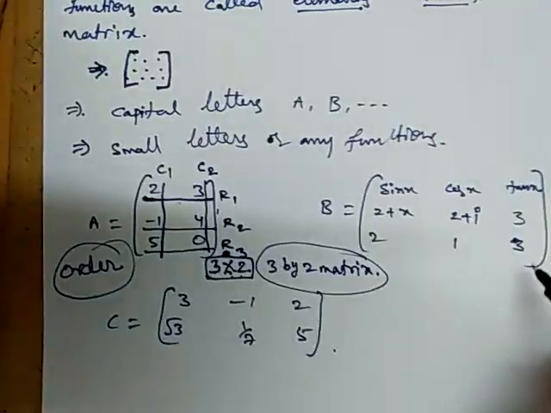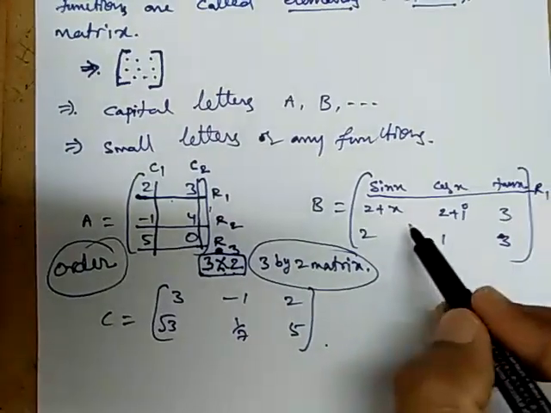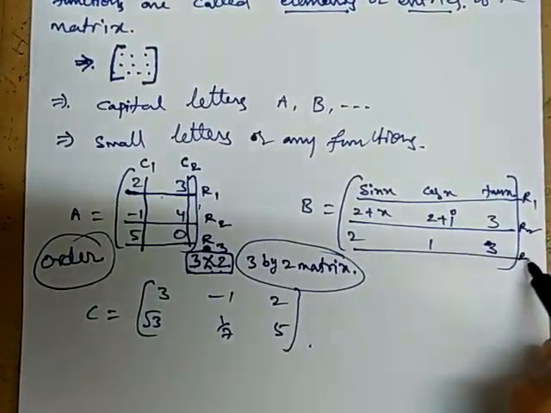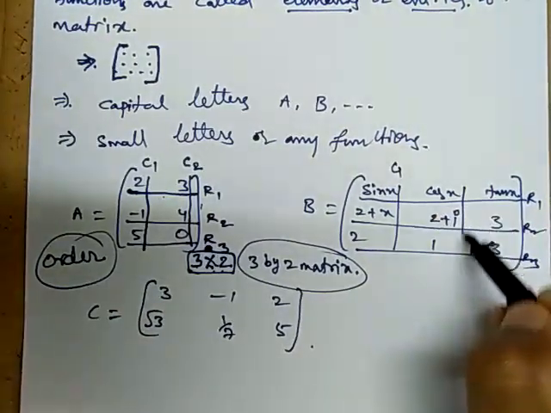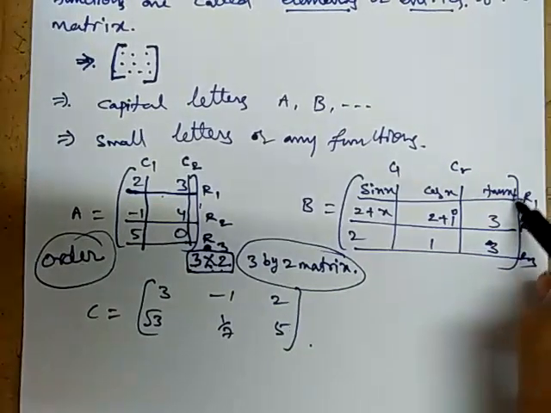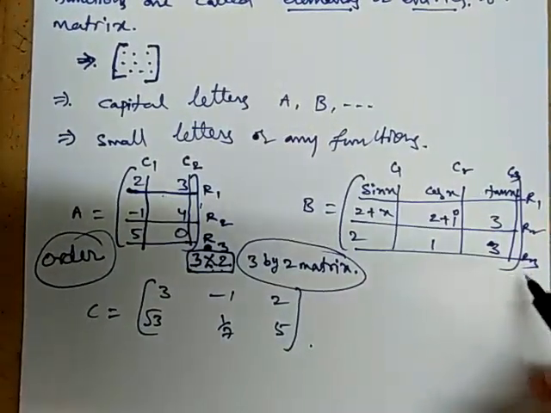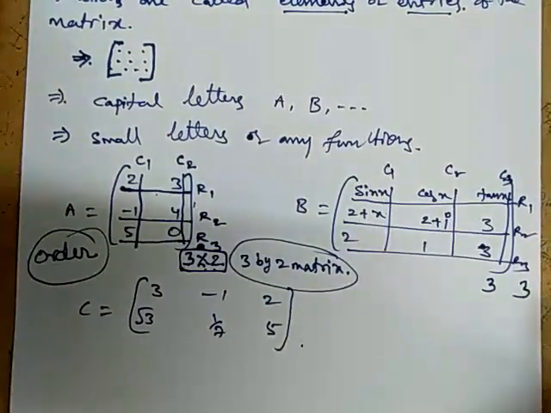Now coming to the next matrix: row 1, row 2, row 3, and column 1, column 2, column 3. So this matrix order is, how many rows here? 3 rows. How many columns? 3 columns.